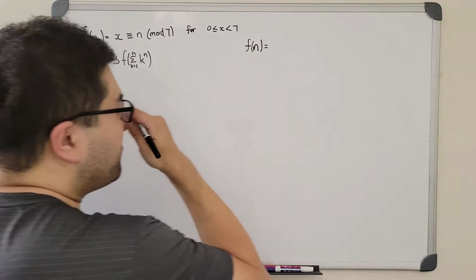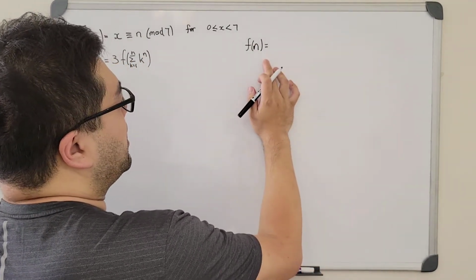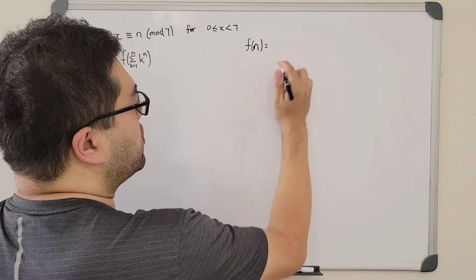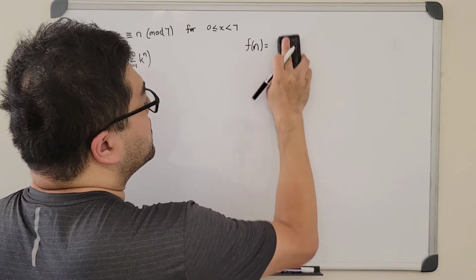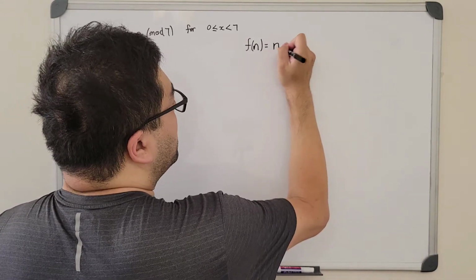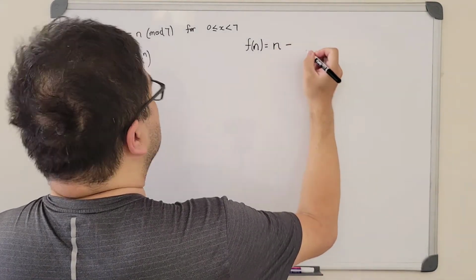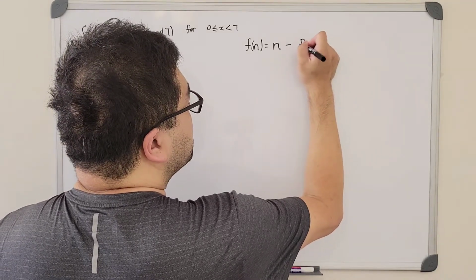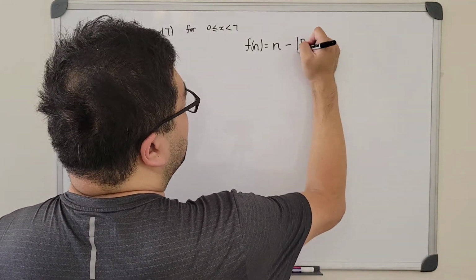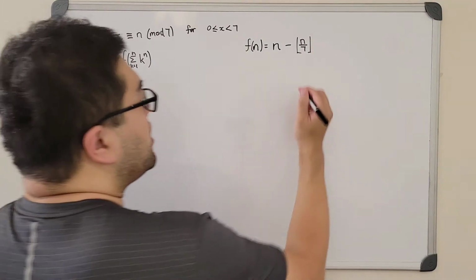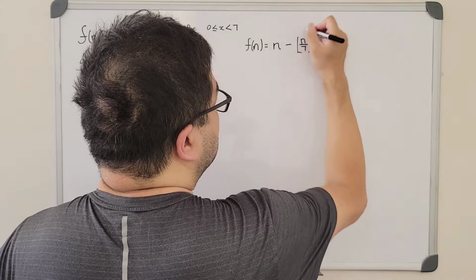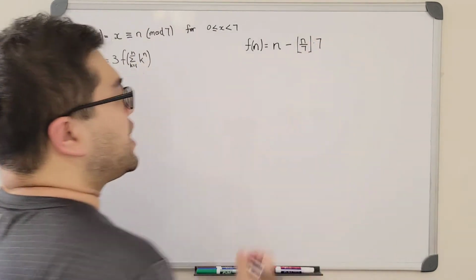We can set f(n) equals n minus the floor function of n divided by 7, and then multiply that value by 7.